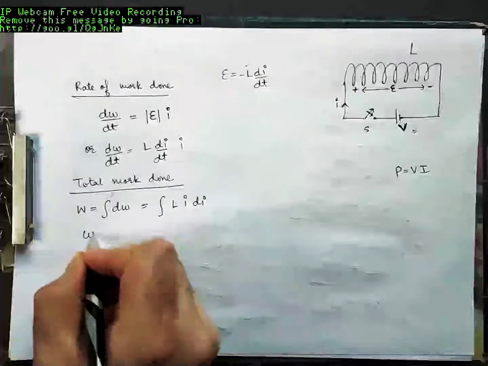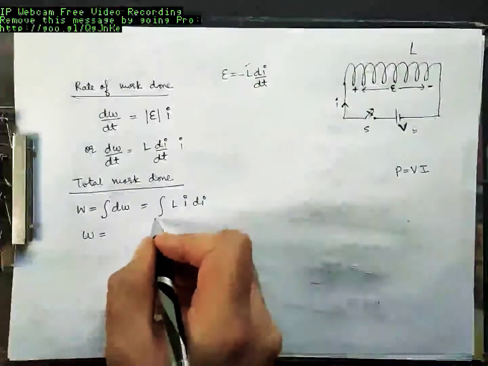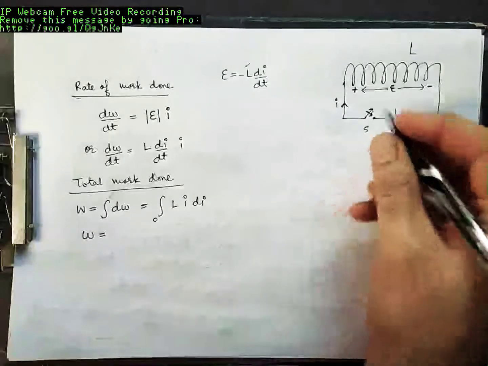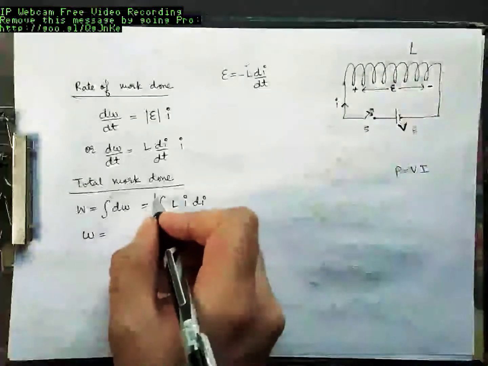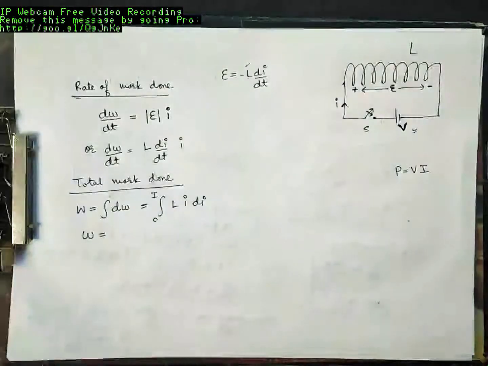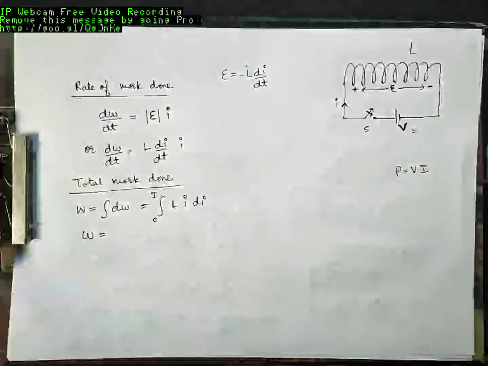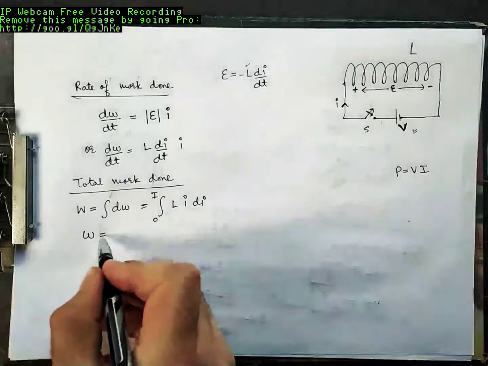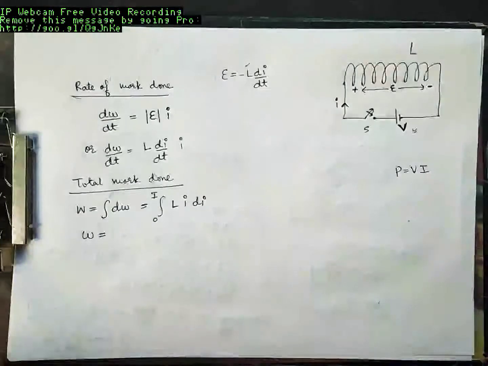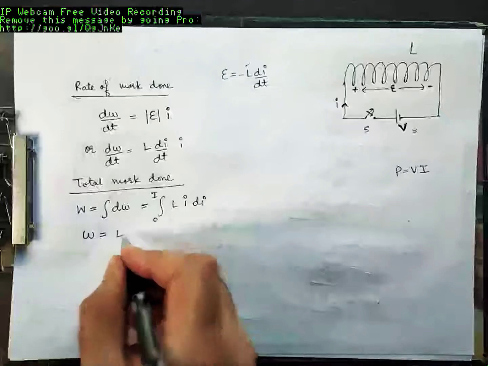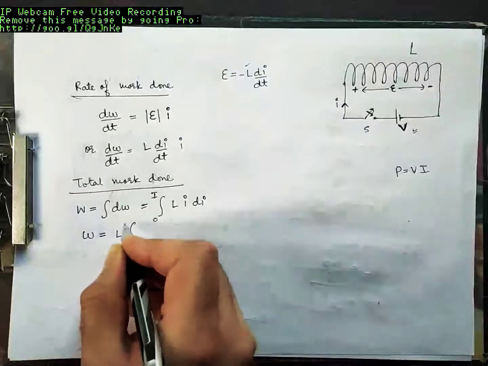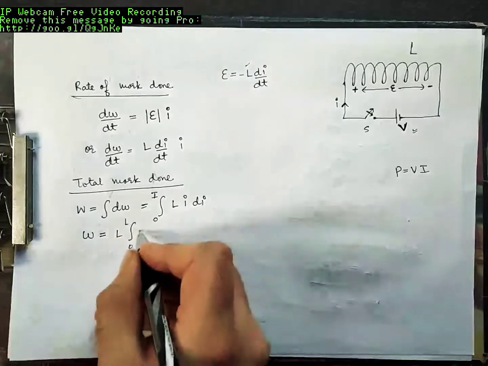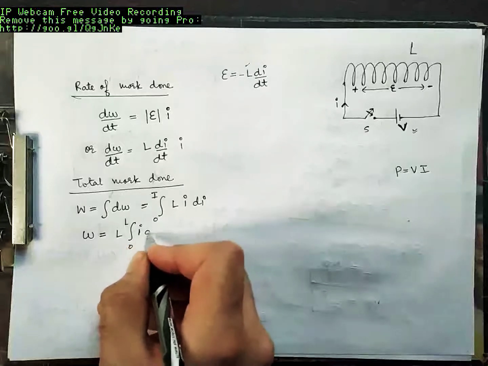Total work done W is equal to the integration from initially current 0 to finally a constant current. Let's suppose that constant, steady state current, or final value of current, is I. Work done W is equivalent to L, which is constant, integration from 0 to I of I di.